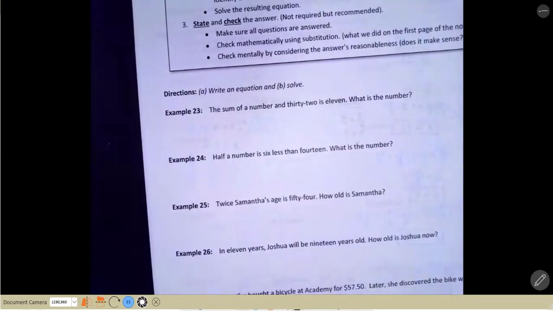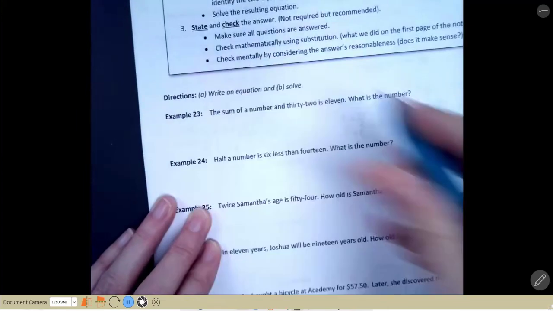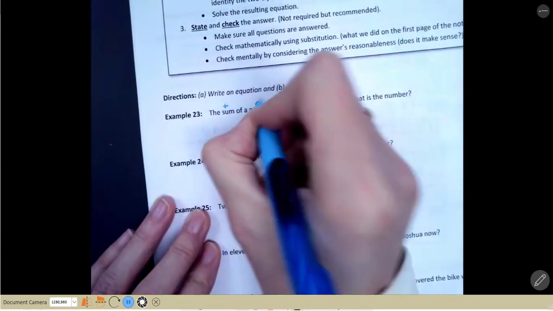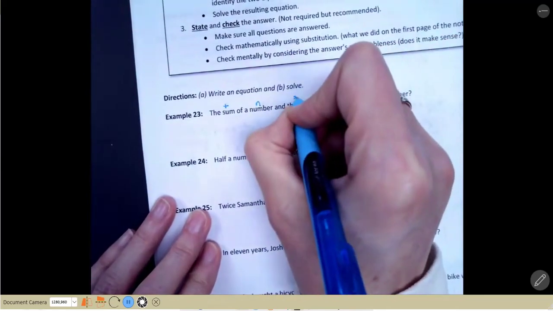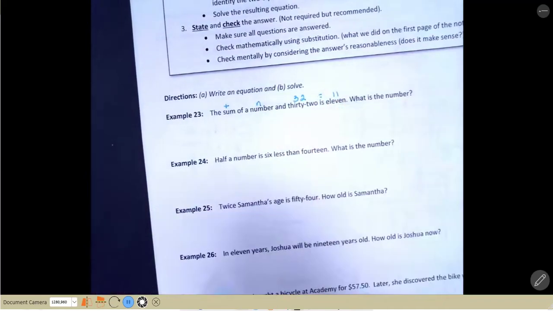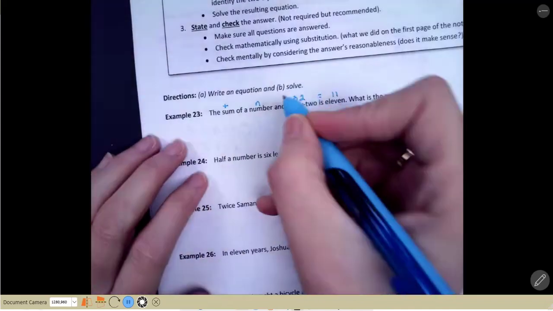The first thing that I'm going to do is write out my equation. It says that the sum of a number and 32 is 11. So that one we wrote out. However, the sum needs to be moved over to the word and.